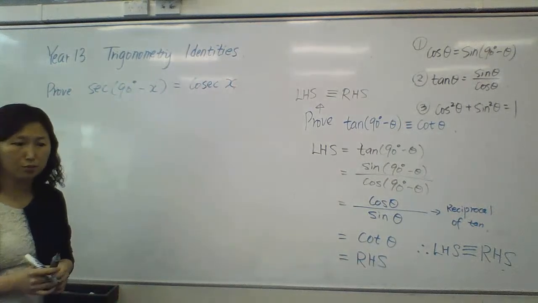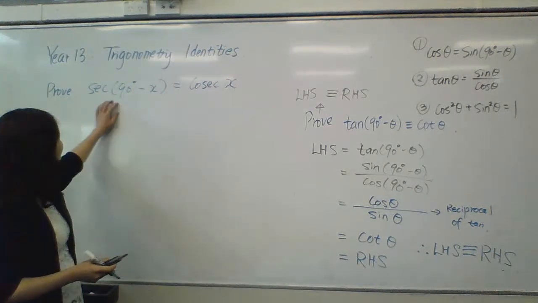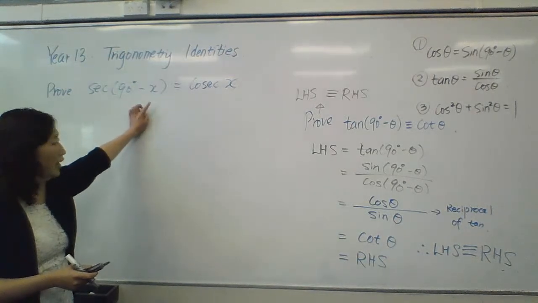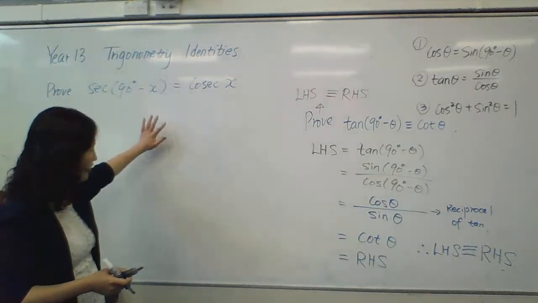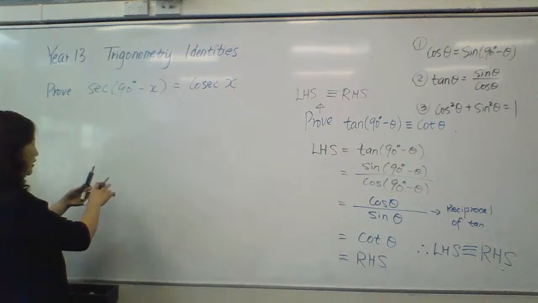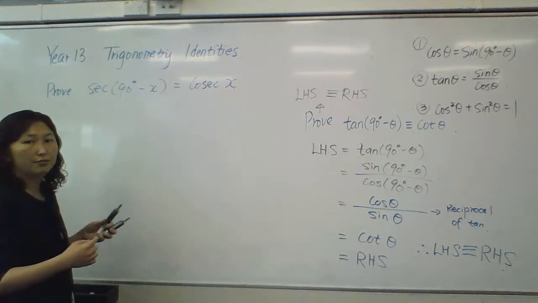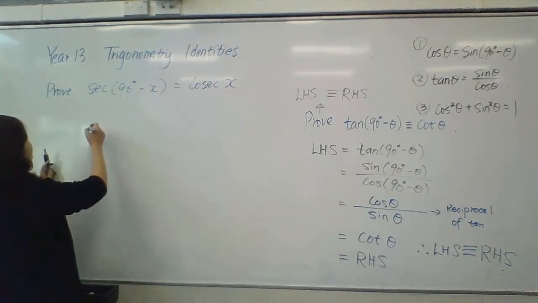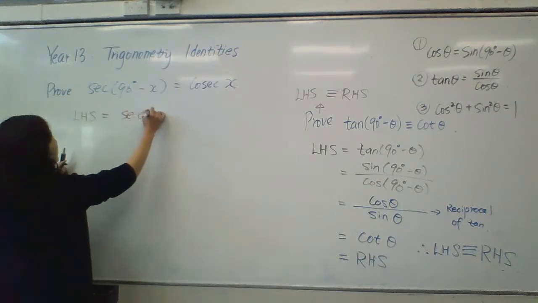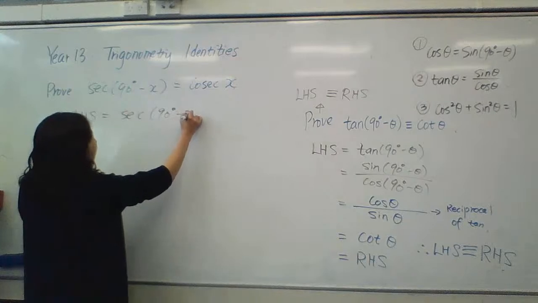Okay, this is what we're trying to prove now. So let's have a look at secant of 90 degrees take away x. For the reciprocals, we know that secant is the reciprocal of cosine. So I can start with the left-hand side. Left-hand side is equal to secant of 90 degrees take away x.